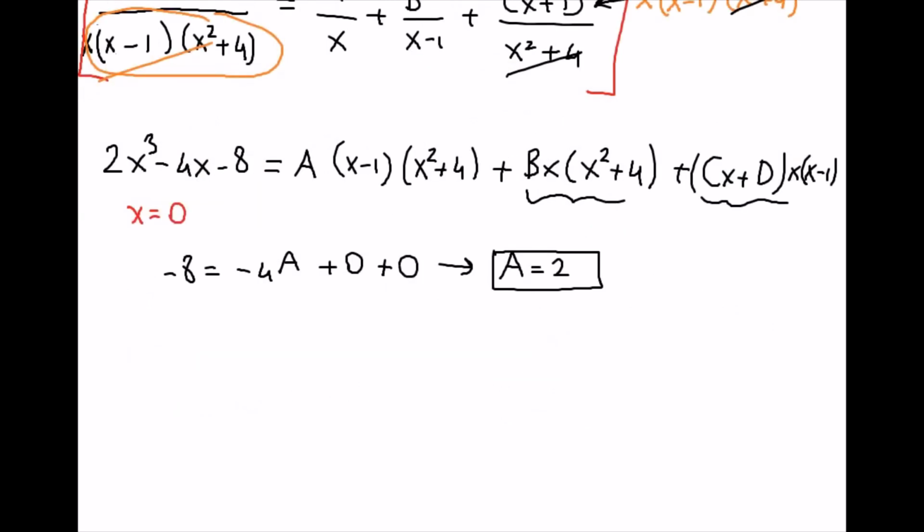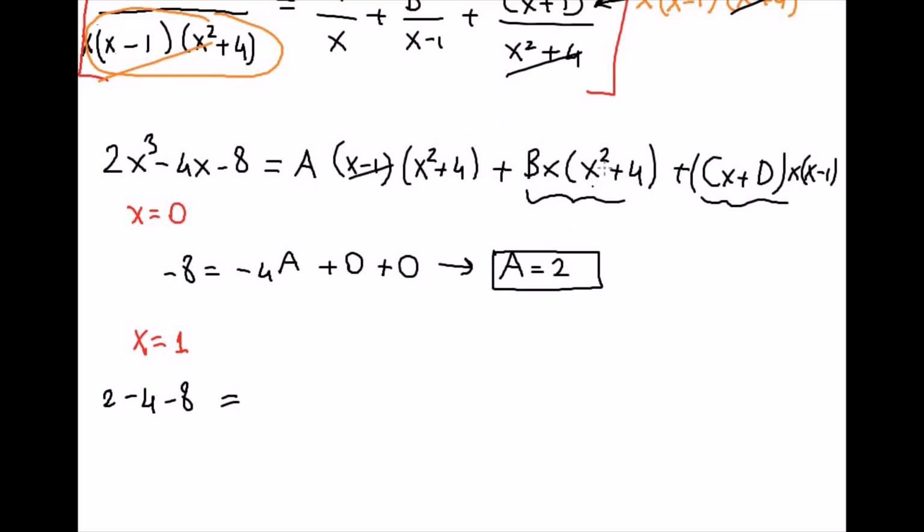This time let x be equal to 1. If x is 1, then 1 cubed is 1 times 2 is 2, minus 4 times 1 is 4, minus 8 is equal to, we said x is 1, so 1 minus 1 is 0, so everything is 0 here.